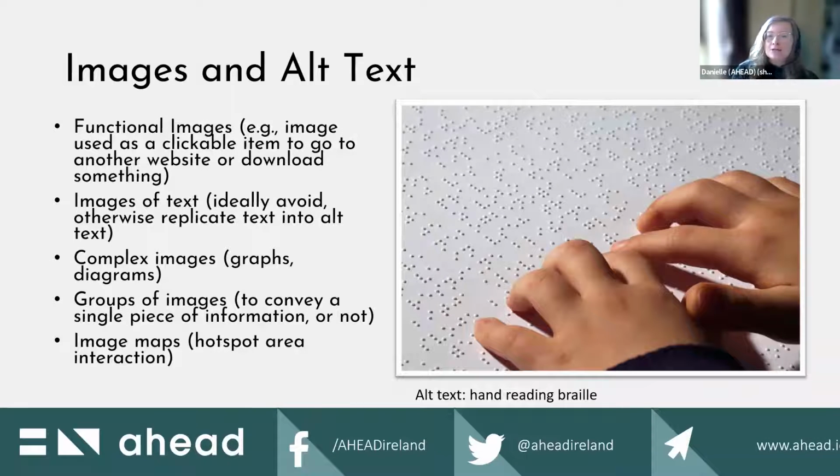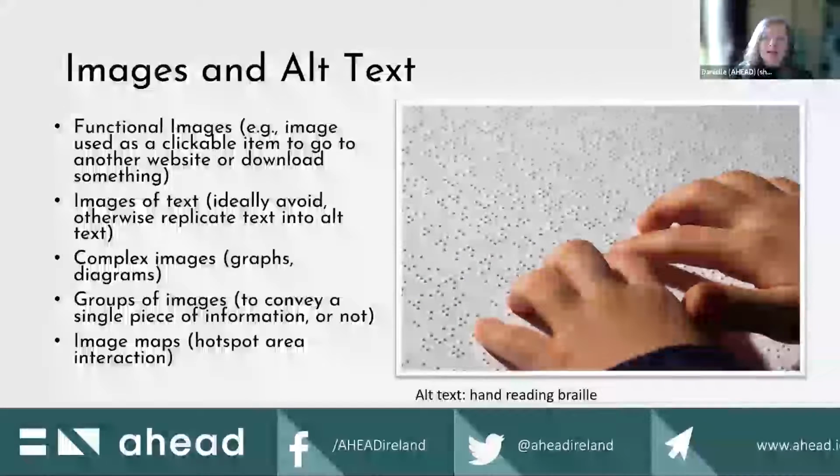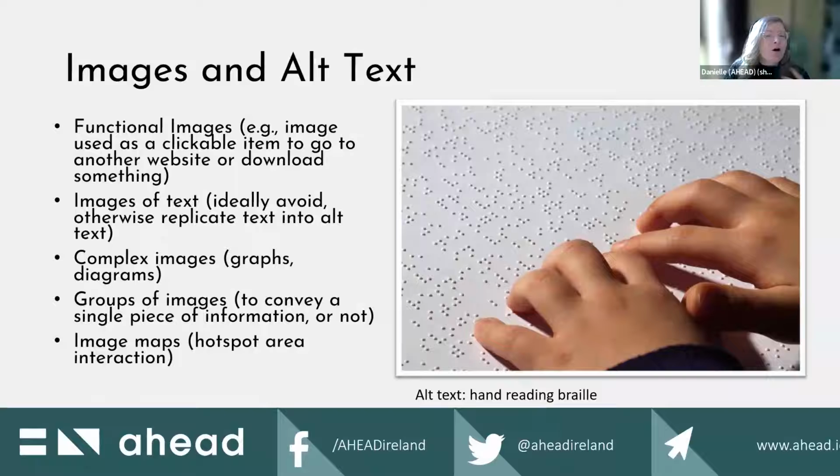Going back to that UCSF video, using alternative text for non-text content is so important. And what I mean by non-text content is images, charts, decorative items, little line dividers, and those kinds of things. Not all images, however, are made equal.